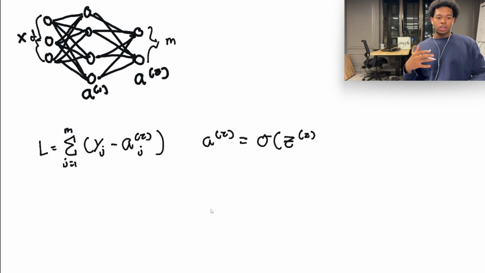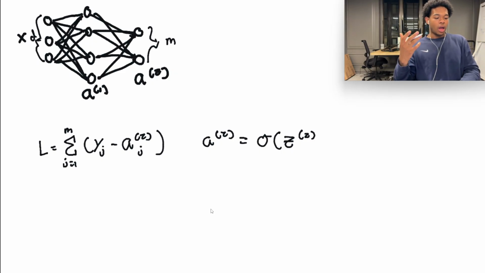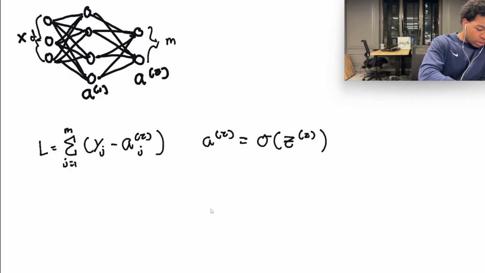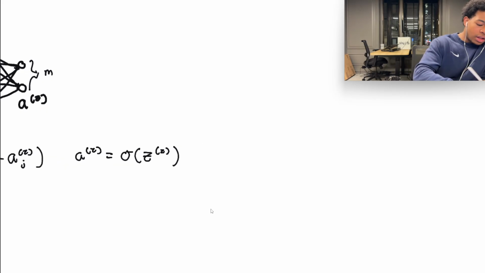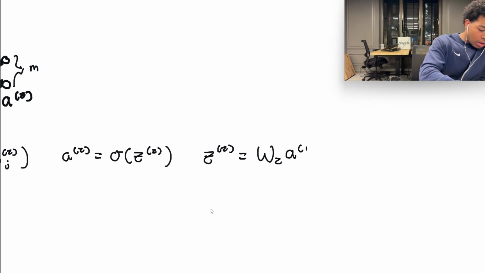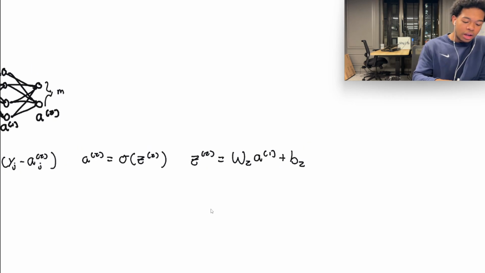So this is the non-activated output of the second layer. And then z2 equals w2, not z, w2 of a1 plus b2.